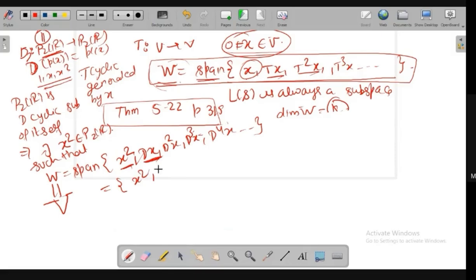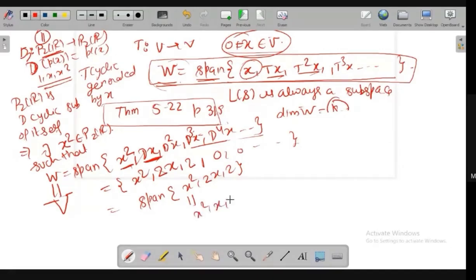Its derivative will be 2x, then further its derivative will be 2, and further derivative will be 0, 0, 0. So this is the same as the spanning set of x square, 2x and 2. We can also write it as the spanning set of x square, x and 1. This is the whole vector space V, that is P2(R). The vector space P2(R) is a D-cyclic subspace of itself.